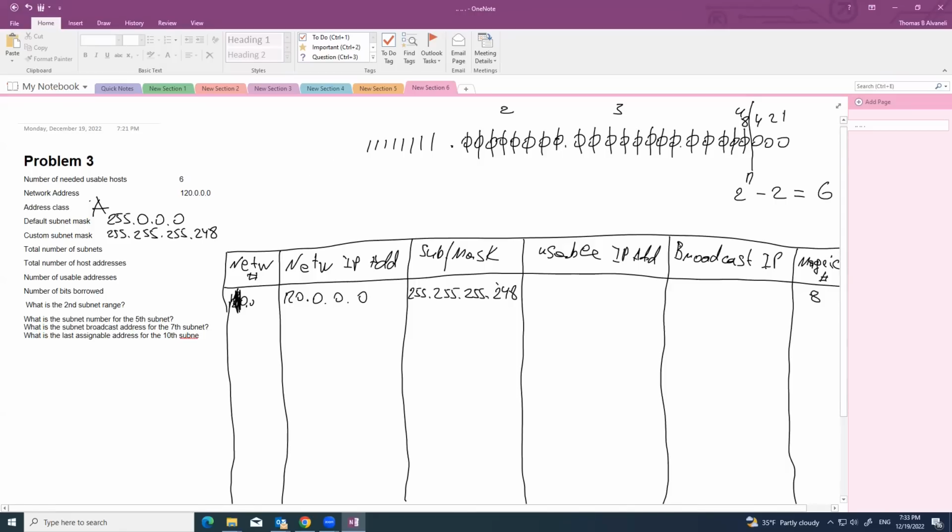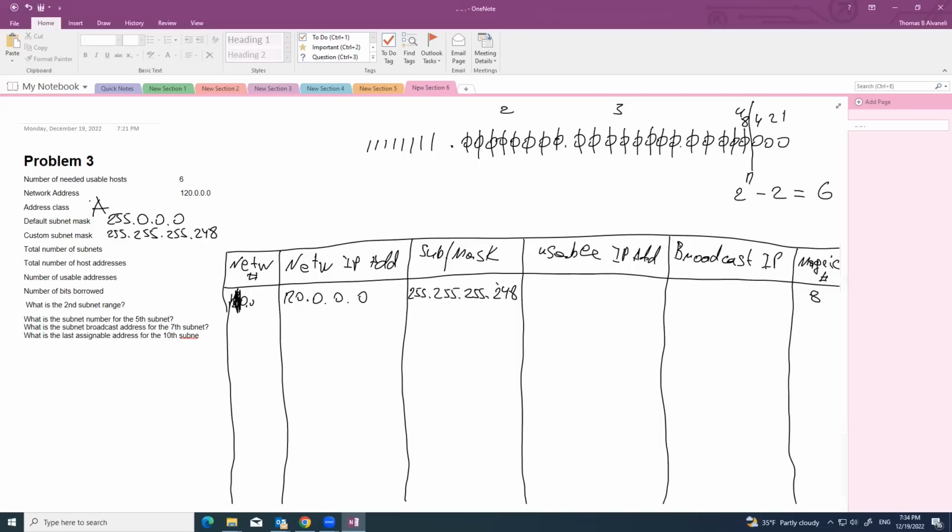We are borrowing host bits from octets 2, 3, and 4, but right now we are working on the 4th octet because the edge between the network portion and the host portion is on octet 4, and that is the interesting octet for us. So we have to increment the 4th octet by 8.